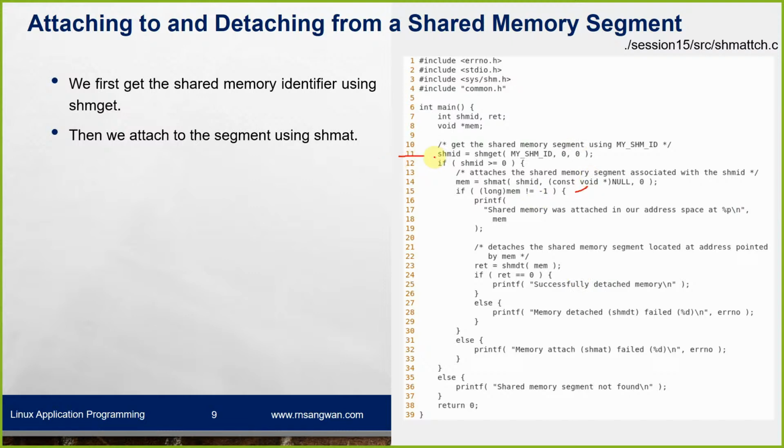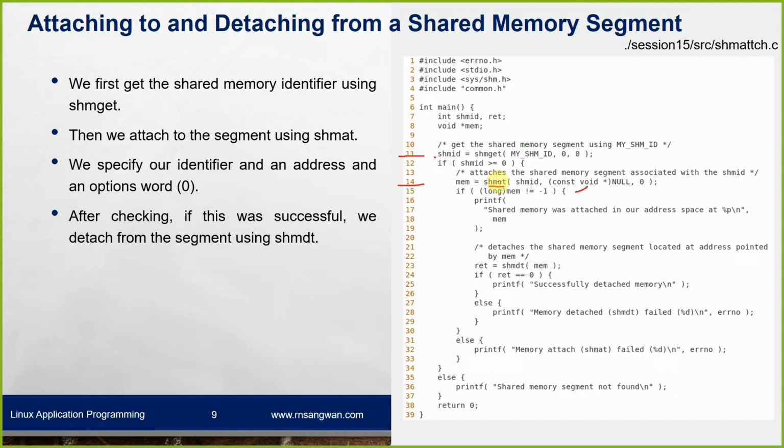Then we attach the segment using shmat, which we are calling here in line number 14. What we are passing here is shmid and a null pointer. We specify our identifier, an address and an option word. After checking if this was successful, we detach from the segment using shmdt, line number 23, shmdt.